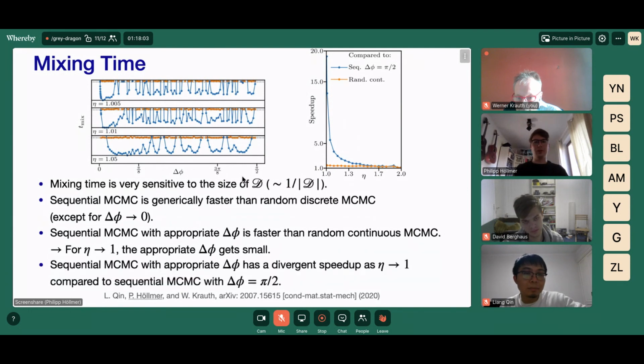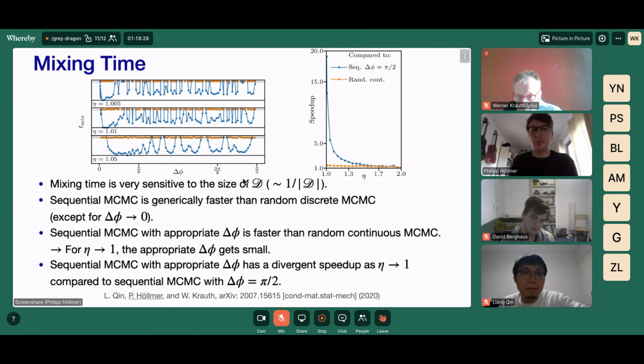However, the right curve shows something very interesting. I explained to you that the largest bump we get is at delta phi equal to 90 degrees because there the set size is only 2. And this yields, if we now plot the speed up compared to this sequential scheme, that the speed up as eta goes to 1 gets very large and even seems to diverge.